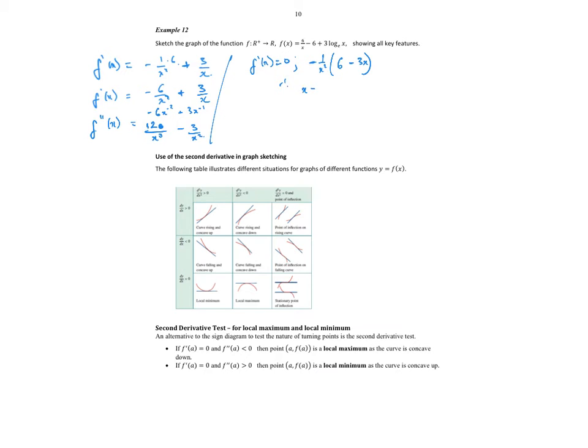Therefore, x equal to a half is a stationary point of some kind. Okay, what about the second? And I should say, well, f is asymptotic at x equal to 0.